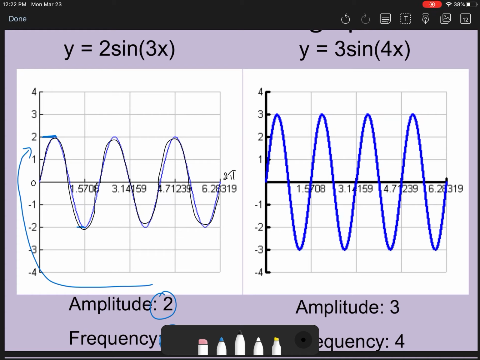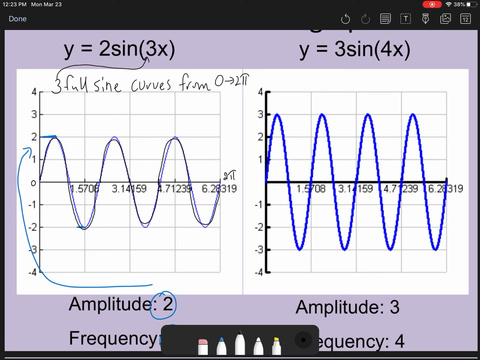So you have 3 full sine curves from 0 to 2 pi. And that's where the frequency comes from.